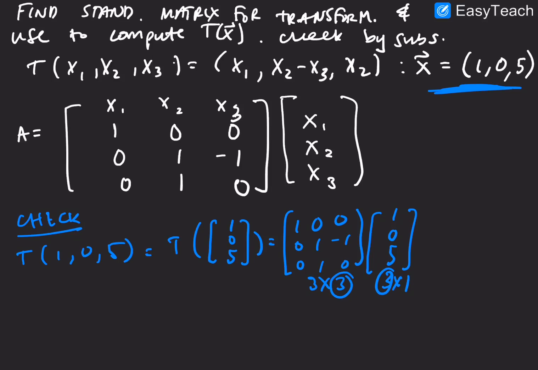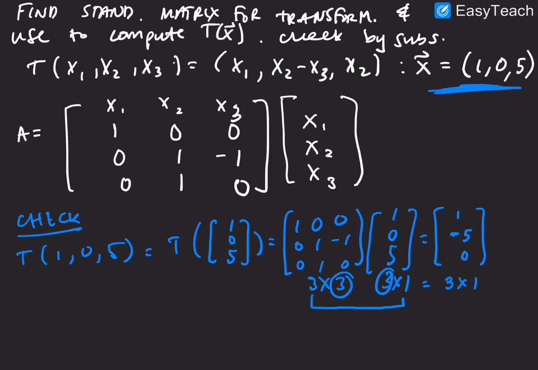So I should expect a 3 by 1 when I'm finished. And that's how I'll know I computed the multiplication correctly, right? By multiplying that, I get 1, -5, and 0. If you want me to do that multiplication, I will by pointing.